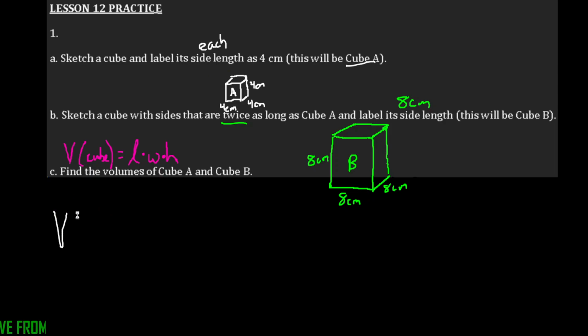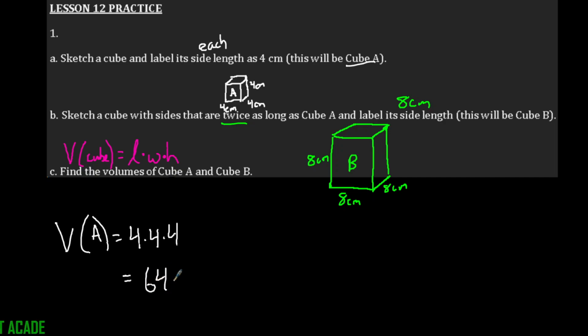I'm going to say volume of cube A is going to be equal to each of those side lengths. So I have 4 times 4 times 4, which is just going to be equal to 64. Now I say centimeters cubed. Make sure that you have the proper units on that volume.